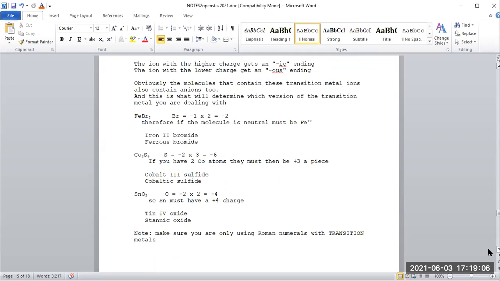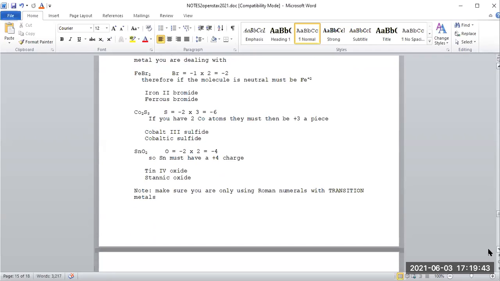But I've got 2 cobalt atoms. Take your 6 positives that they must actually add up to, divide it in half, and that means that cobalt in this particular case is +3. So you have 1 cobalt 3 cation, and then you have a second cobalt 3 cation. I can name it cobalt 3 sulfide, or I can name it cobaltic sulfide.